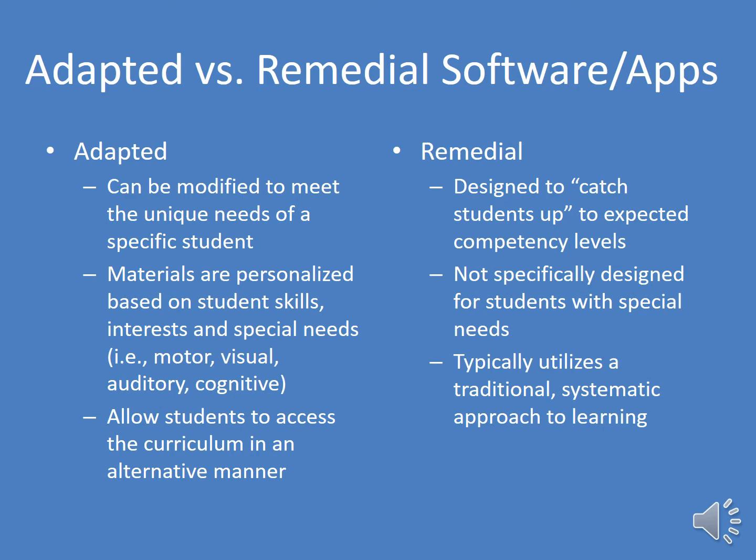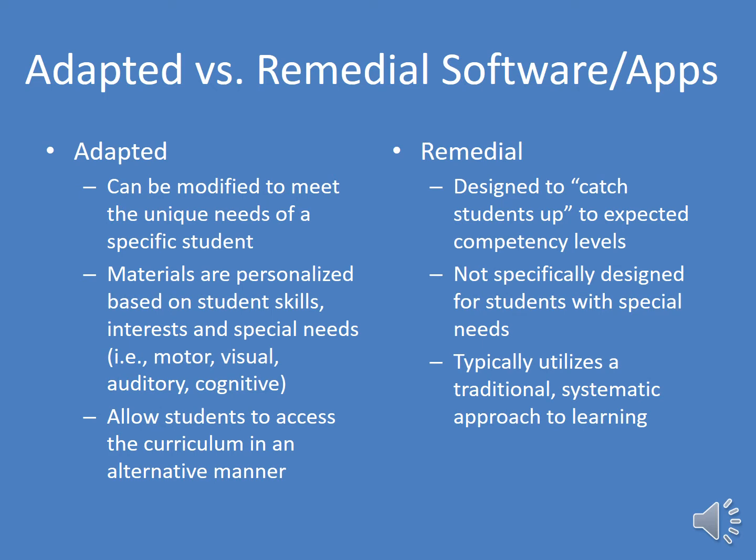We wanted to take some time to talk about adapted versus remedial software or applications. Adapted software is really designed to meet the unique needs of a specific student. Materials are highly personalized, and it allows students to access the curriculum in an alternative manner. So the curriculum for students who use adapted software will look very different than the curriculum for the other students in the classroom.